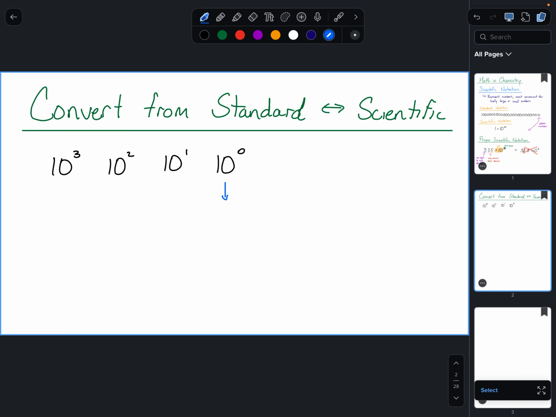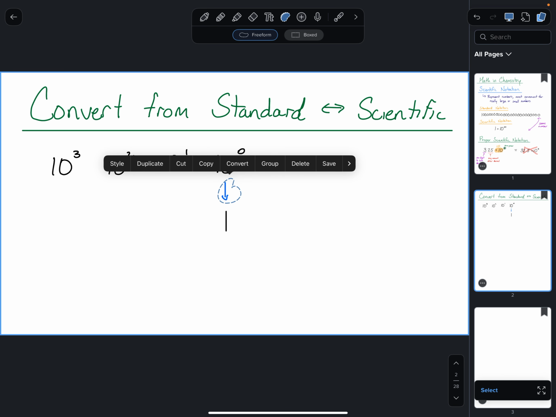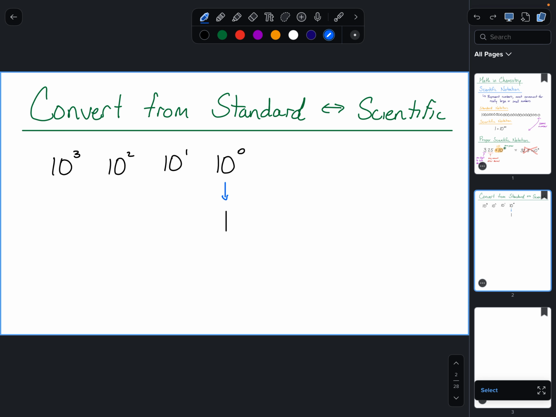Anything to the power of 0 just has that value of 1. And then what would 10 to the 1 be? 10, anything to the power of 1 is just itself. What's 10 squared? 10 times 10, that would be 100. And what is 10 cubed? 10 times 10 times 10, so now we got 1,000.